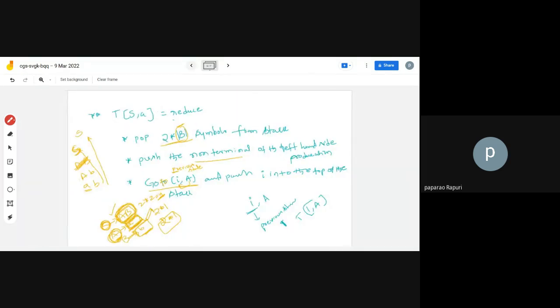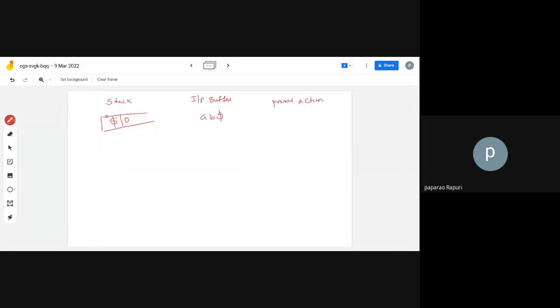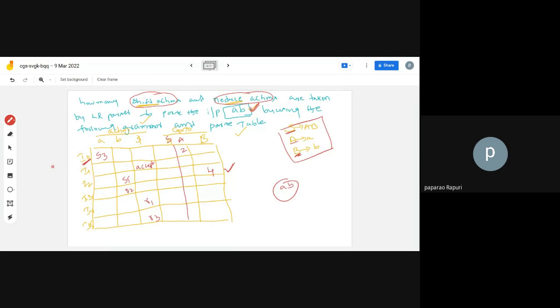Now the top of the stack is 0 and the input symbol is A. So T of 0, A. 0 means this row, A means this column. So for 0A, we need to perform S3.